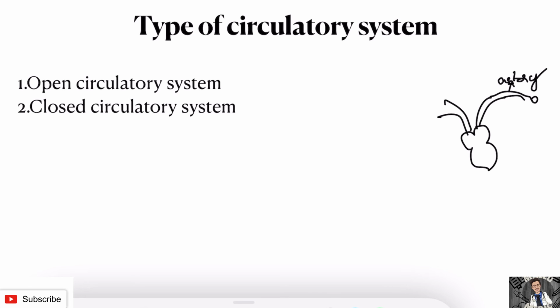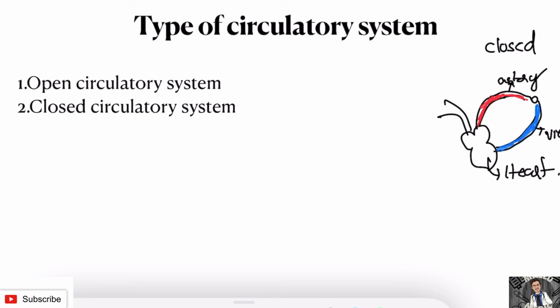The artery. And the blood from the cell reaches the heart through what? A vein. I'll color it with blue and red so that it becomes easy for you to recognize. So this is closed circulation: to the cells we have an artery, and from cells to the heart you have a vein.